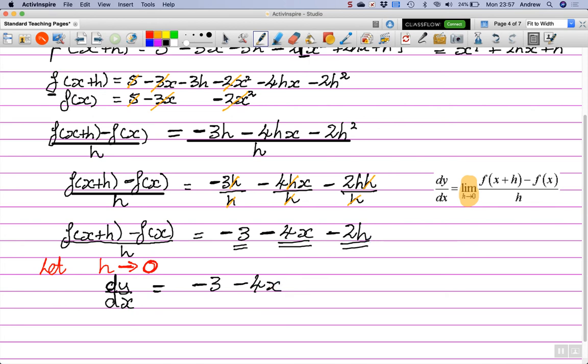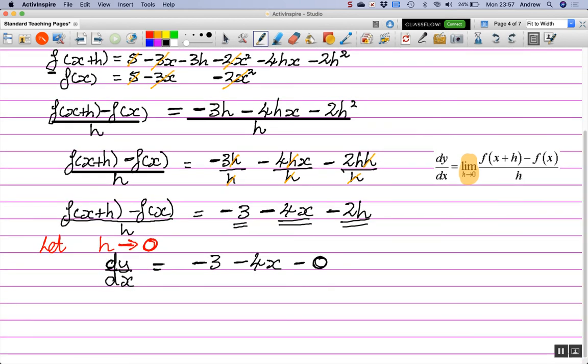There is an h in this, but h is tending to 0, so minus 2h will also tend to 0. So one last line, we can now say, therefore, dy dx from first principles is equal to minus 3 minus 4x.